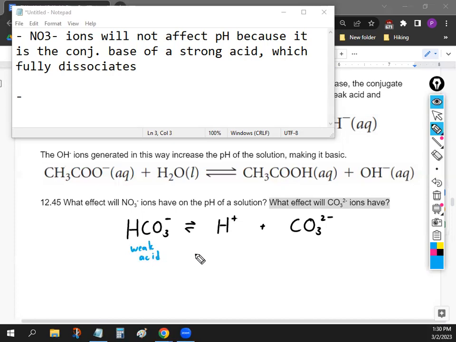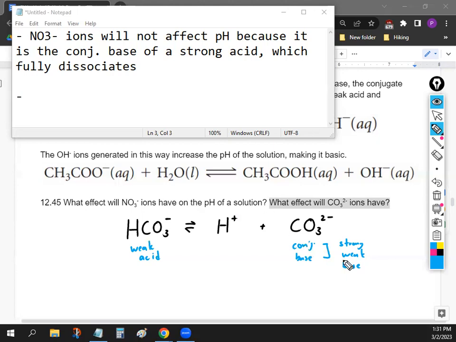So this is going to be the conjugate base. We can tell by its relationship that it's going to be a strong weak base, because it's not one of the strong bases that you were told to memorize. So it's still technically not a strong base, and you don't want to identify it as a strong base, especially since it's not one of the ones you were supposed to memorize.